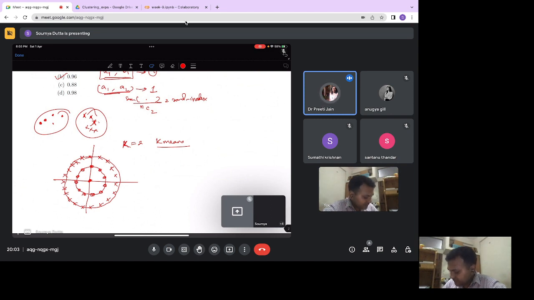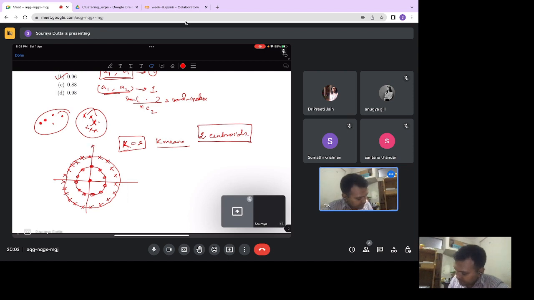Yeah, so this is how your data set is distributed, and you run k-means with k equal to 2. So k-means will return you 2 centroids, right? What do you think the 2 centroids will be? If suppose this is the x-axis, y-axis, and this is 0, 0, what do you think the 2 centroids would be?